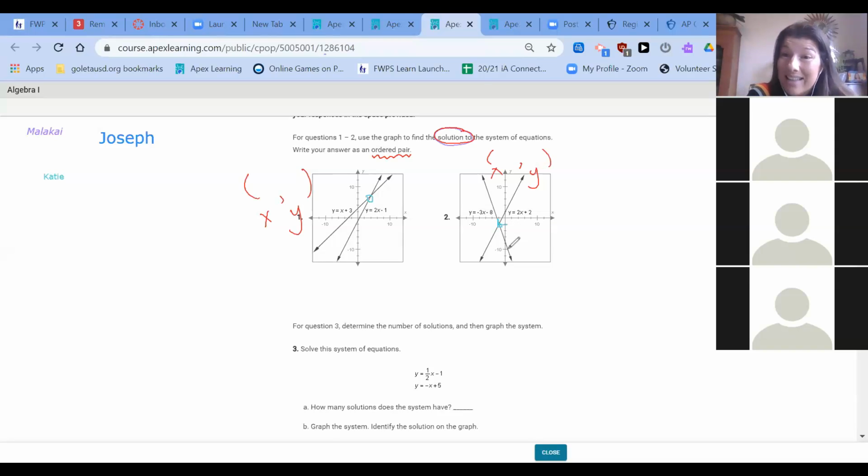Sometimes it's hard to tell exactly where they intersect, right? Which is a reason why sometimes it's important for us to do the work algebraically to find the solution, because then we can find exact. While you are writing in your solutions there, I still don't see any solutions written.